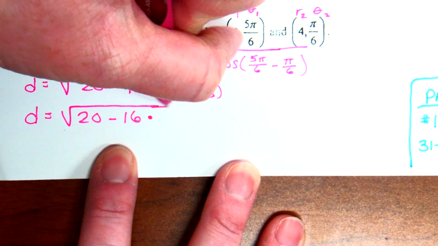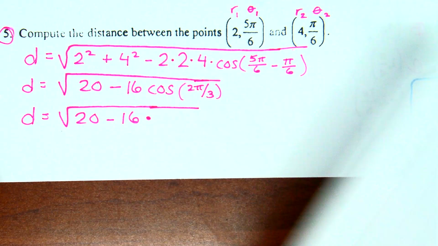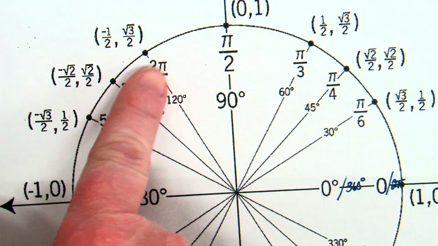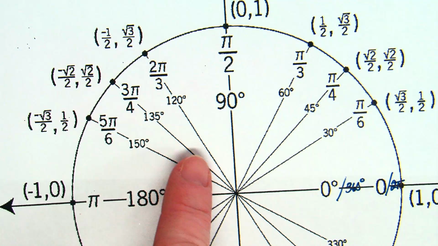Well, cosine of 2 pi over 3 is going to be in relation to what? If we need 2 pi over 3, officially on our chart, we look at pi over 3. What do we know about the cosine of pi over 3 according to our chart? It's 1/2. What do we know about cosine in quadrant 2? It's negative. So the cosine of 2 pi over 3 is negative 1/2.